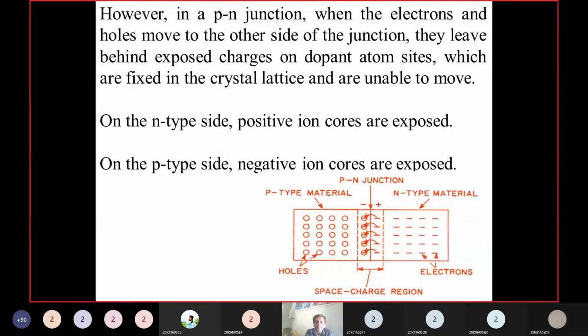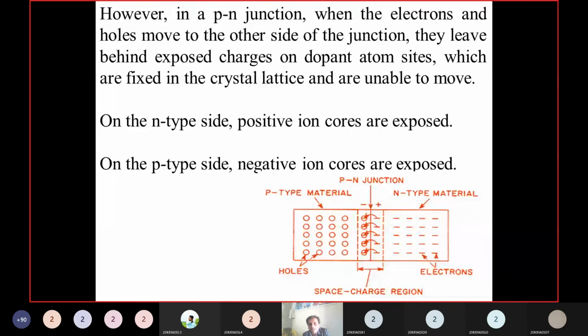See here. Suppose in the N region, electrons move from the N region to the P region. In that case, what happens here? If an electron is leaving, some opposite charge is exposed, left behind in this position.